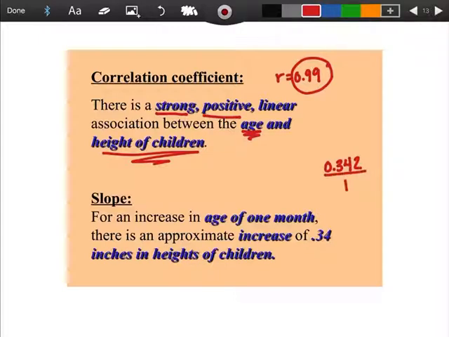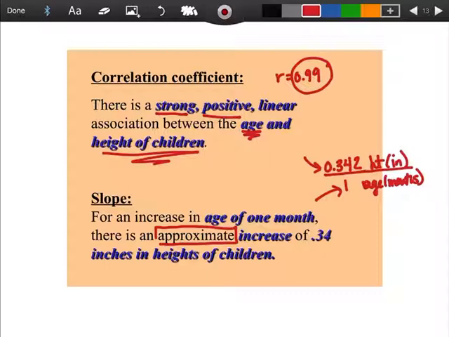Now taking a look at slope. Our slope was 0.342 over 1. Our y units were the height of children in inches, and our x units were the age of children in months. That means for an increase of 1 month in age, there is an approximate increase of 0.34 inches in height of children.